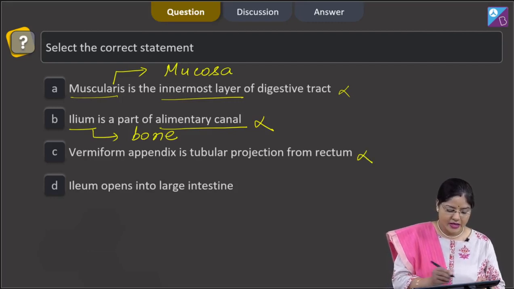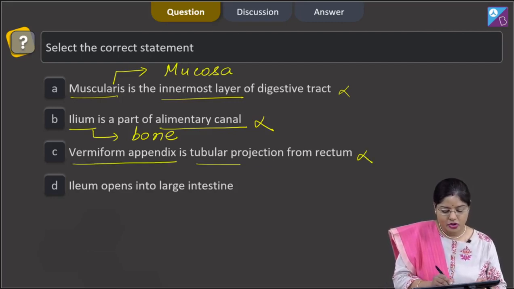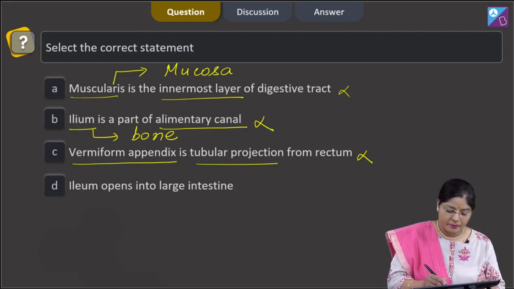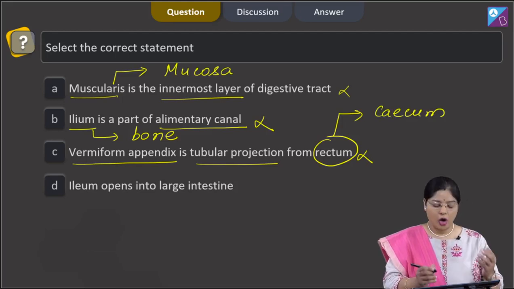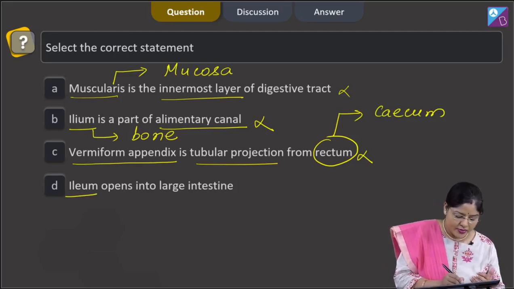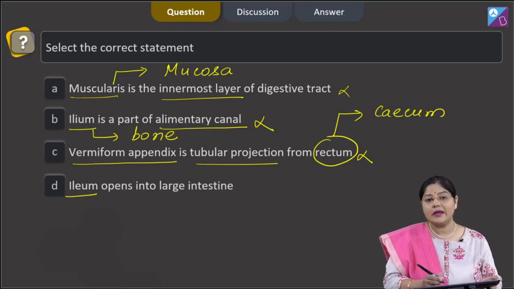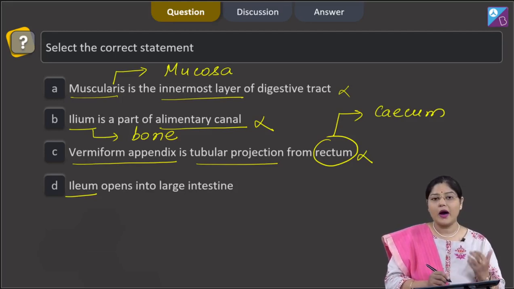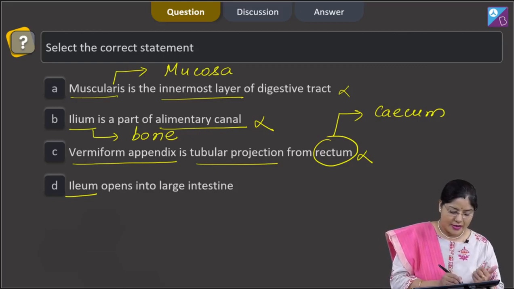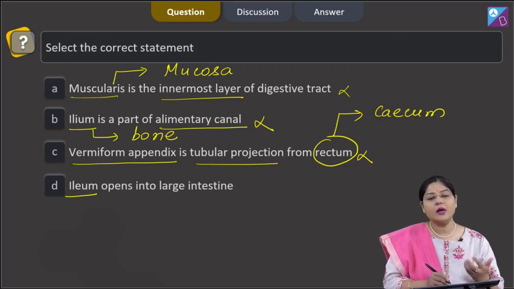This is incorrect because vermiform appendix is tubular projection from cecum and not the rectum. Fourth option, ileum opens into large intestine. Here what spelling is written? I-L-E-U-M, ileum. This ileum is part of small intestine and ileum opens into cecum of large intestine, and opening of ileum into cecum is guarded by ileocecal valve.